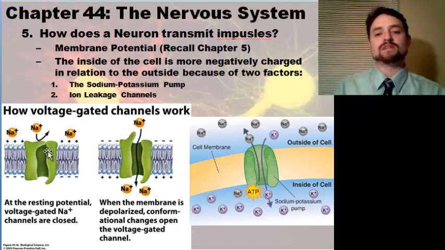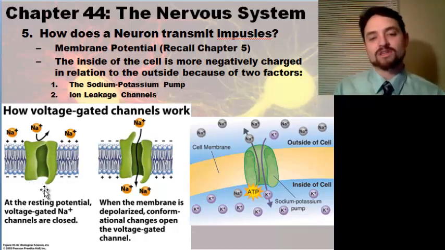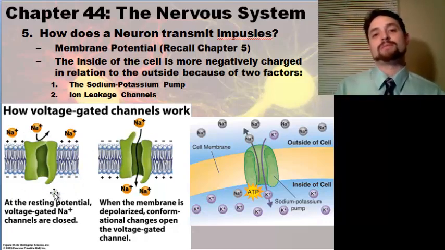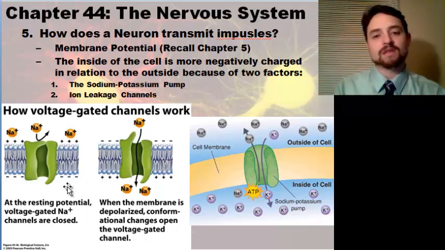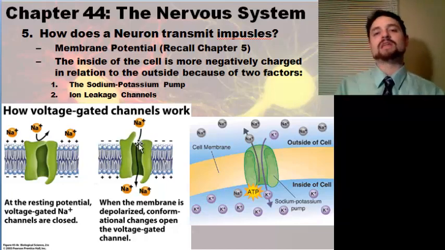So whenever you get, let's say, a response, you've got a more negative region inside the cell, and a more positive region on the outside, and the outside is where you find your sodium, the inside is where you'll find your potassium. Now, potassium will be able to leak out of the cell as well, but you'll find more potassium in the cell. So then there's some kind of impulse that's been generated.